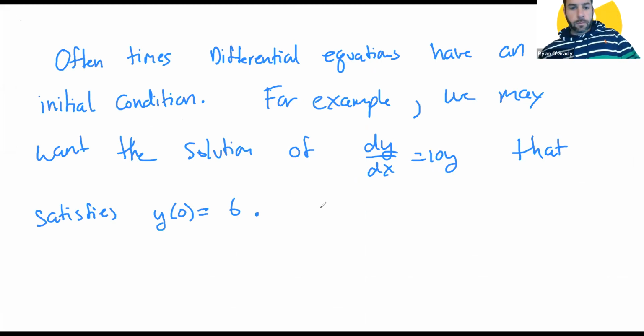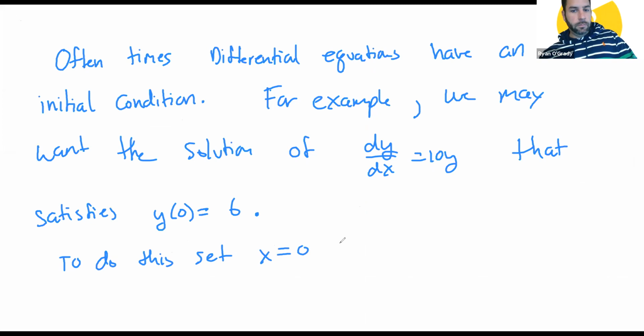So to do this, we set x equal to 0 in our solution. So on one side, we have y of 0, and on the other side, we have ae to the 10 times 0.